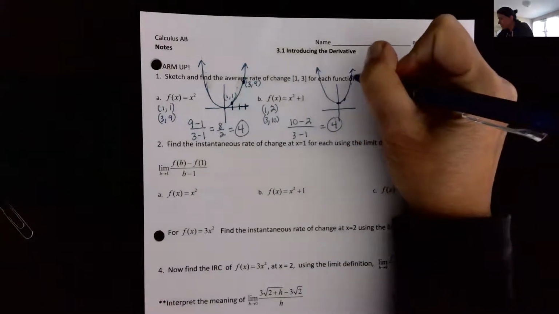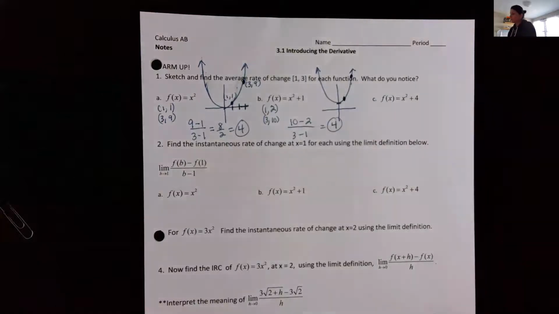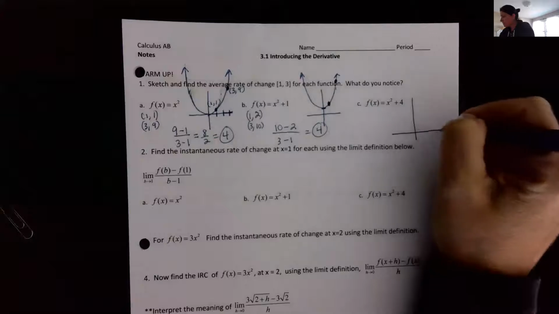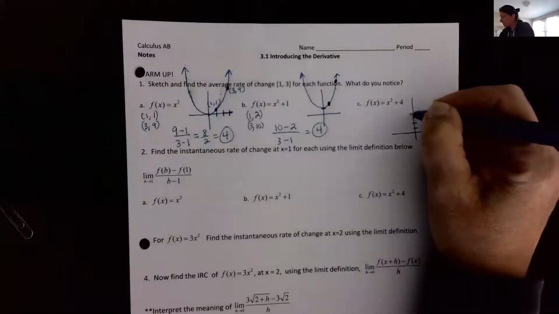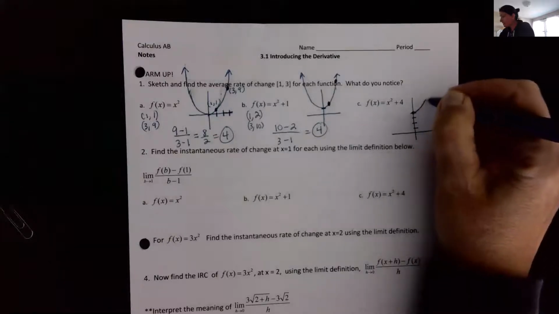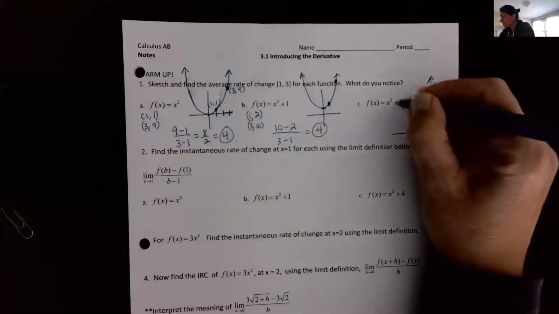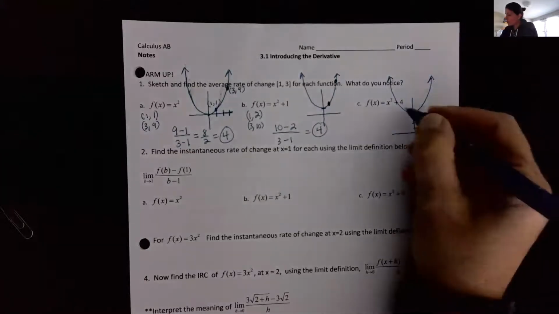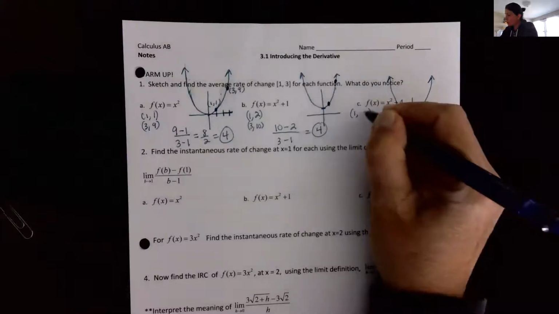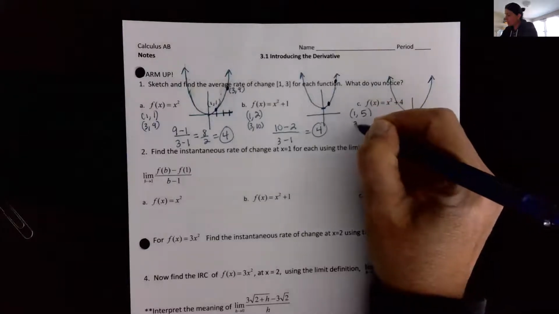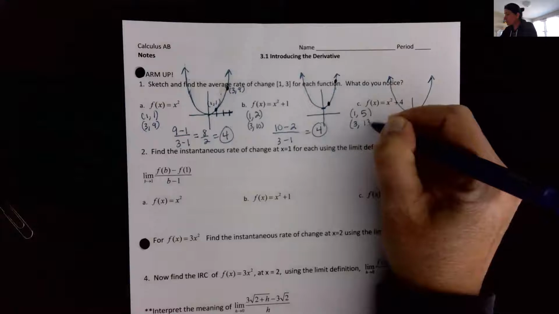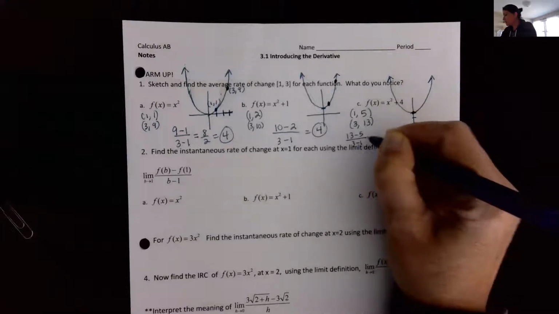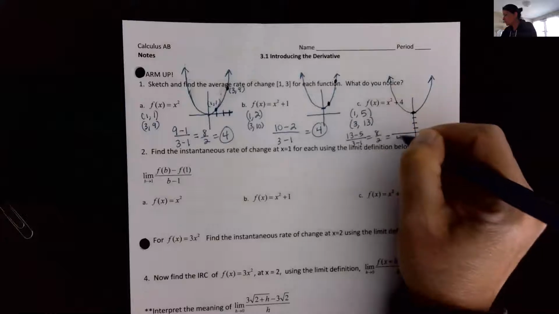And then if I try the plus 4, it's the same thing again, just up 4. So our coordinate would be 1, 5, and then we'd have 3, 13. So we'd be at 13 minus 5 over 3 minus 1, still 8 over 2, which is 4.